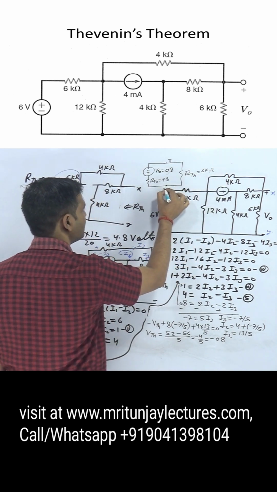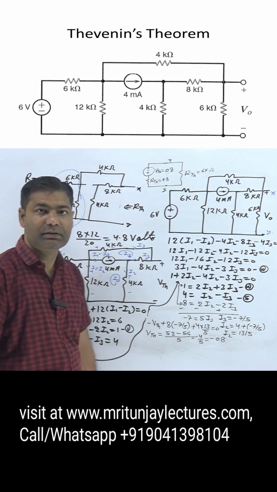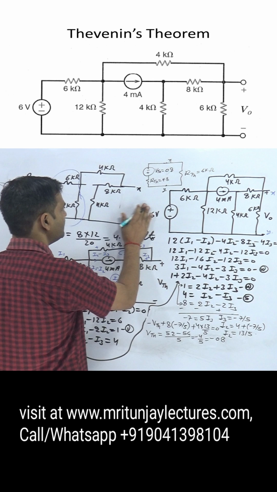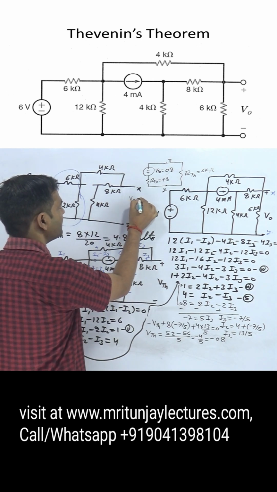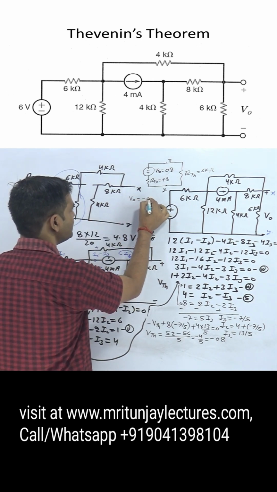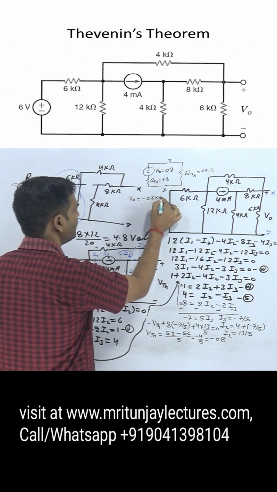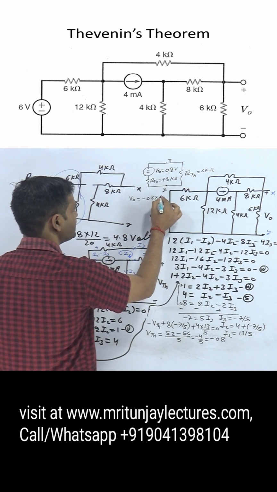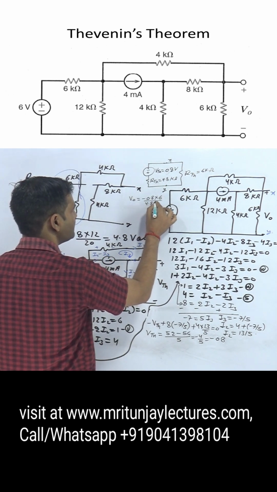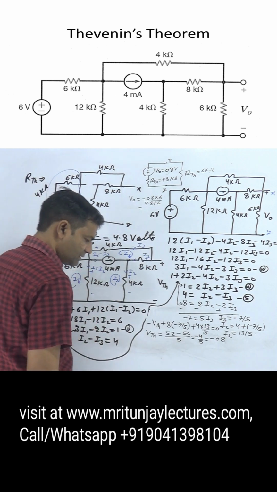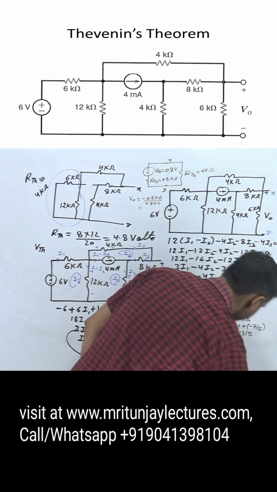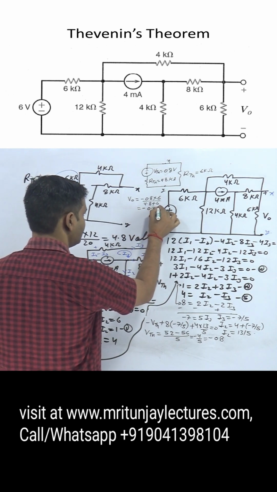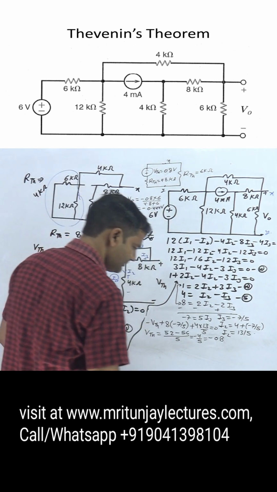Here X, here Y. So what about V naught? V naught is equal to minus 0.8 into 6 divided by 4.8 plus 6. Solve this value with the help of a calculator. We got minus 0.444 volt as the final answer.